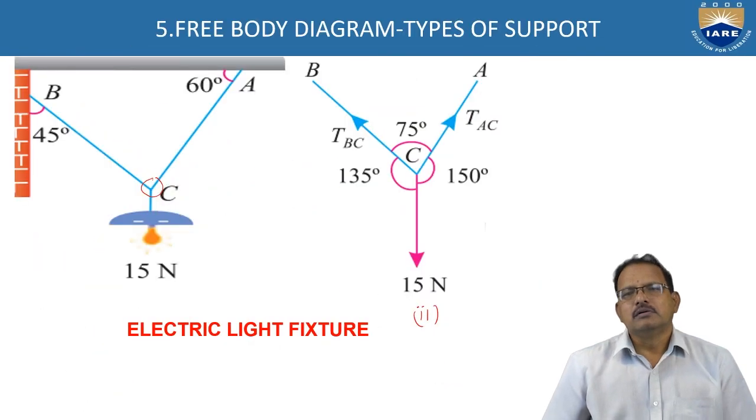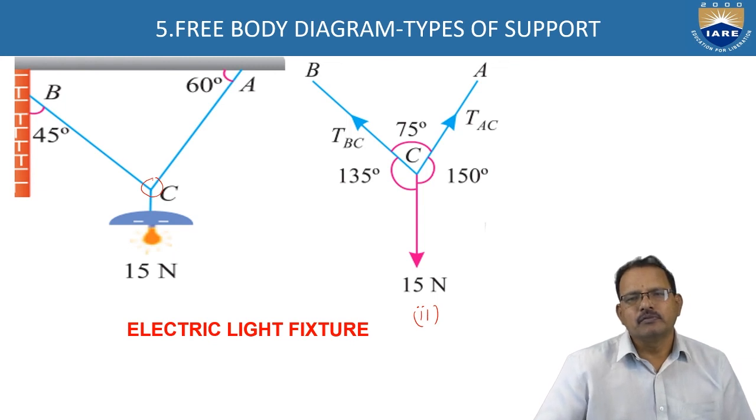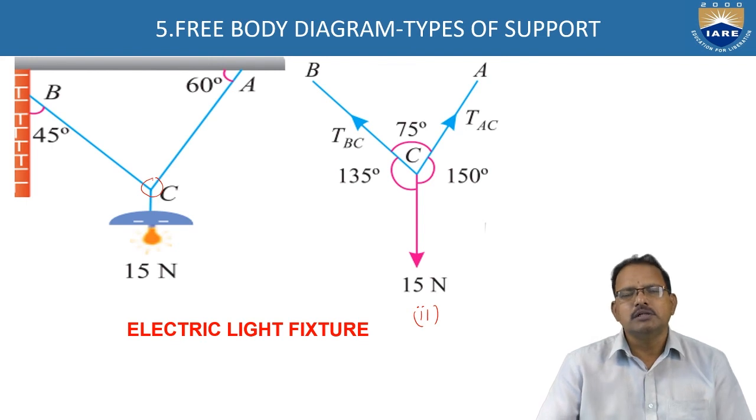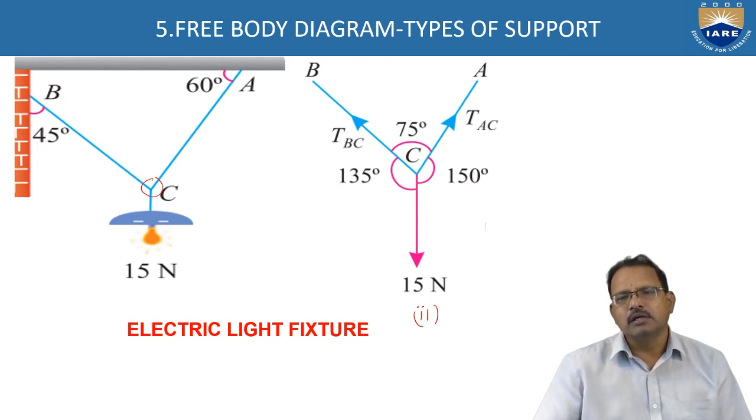So, for solving engineering problems, for aeronautical as well as mechanical and civil engineering students, you need to know the magnitude as well as the direction of unknown forces. First, represent the space diagram. That is actually just what are the forces that are acting on it, what are the types of forces acting.